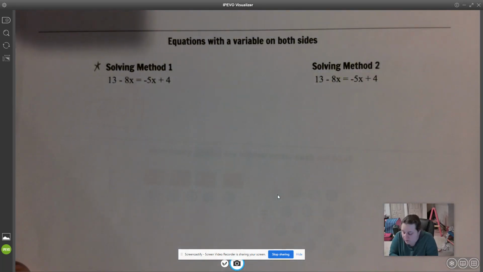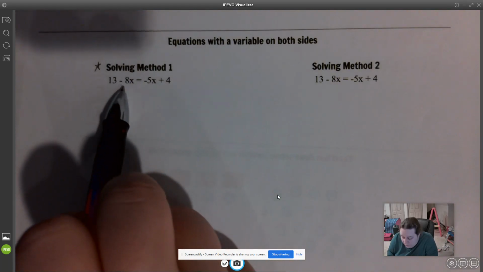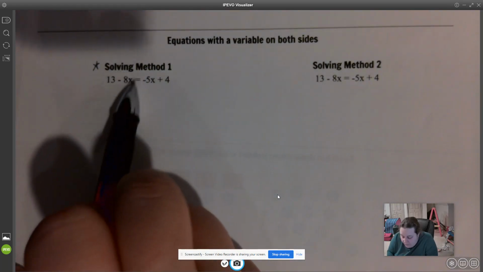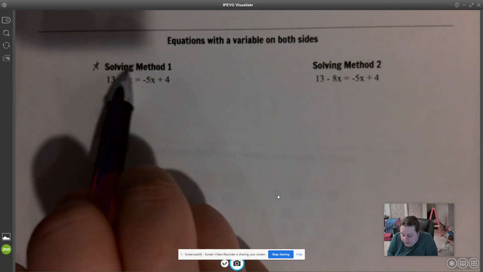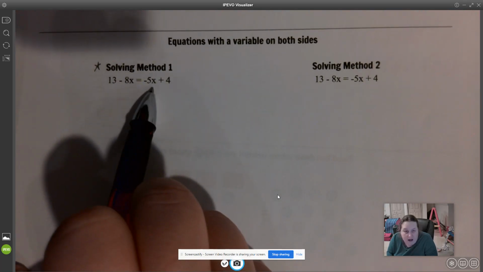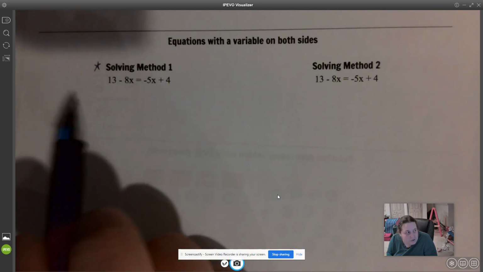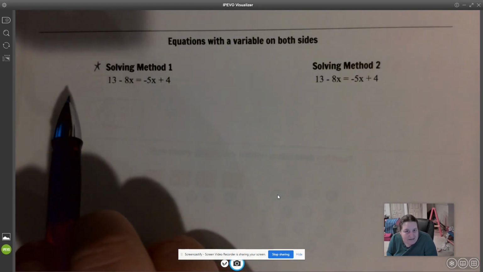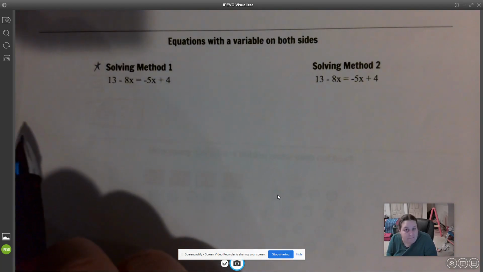So what I like to do is start with my variable terms and get those settled. And how I do that is I start on one side and see which one, or I have to look at both sides, but I look to see, okay, this term is negative 8x, and on the other side is negative 5x. Whatever the smaller one is the one I'm going to get rid of and move.